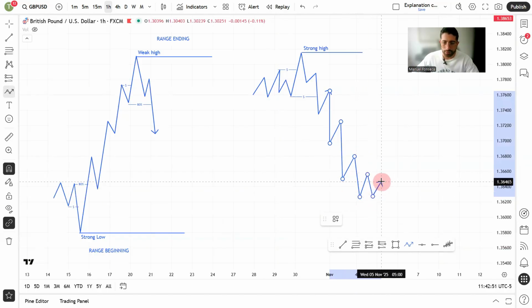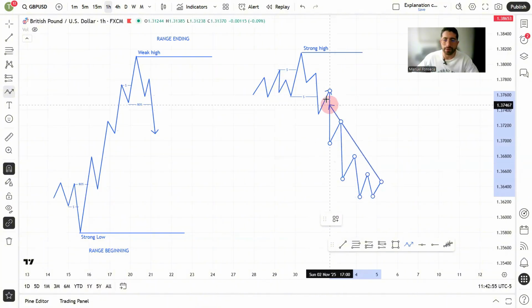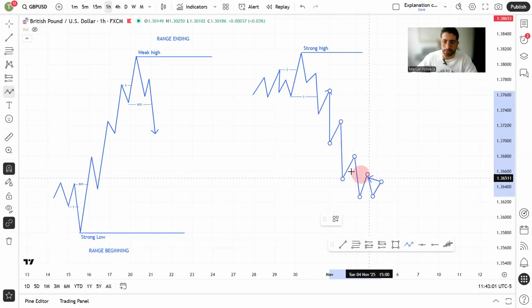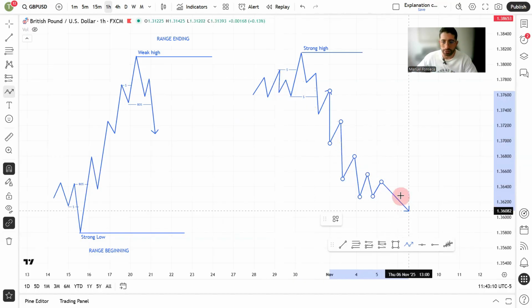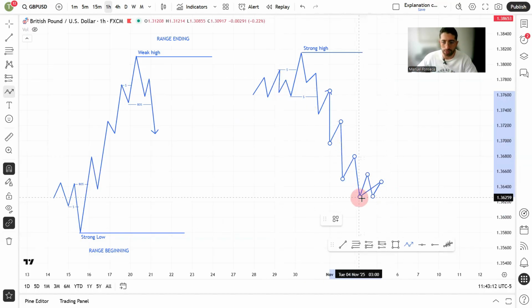Again, they start after we have continuous bearish impulses right here. We start noticing that the price starts consolidating, and then we start analyzing the same patterns that we analyzed before. So we will start assuming that these lows here will become our swing lows, and this high will become our swing high, which means the closest highest point of the current market.